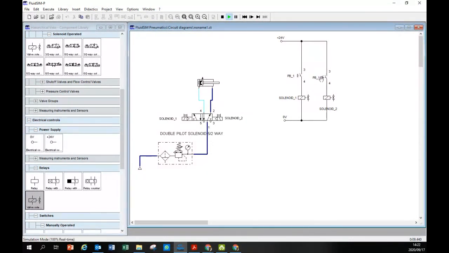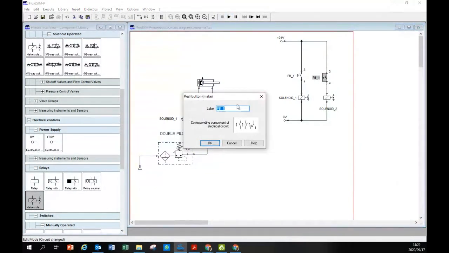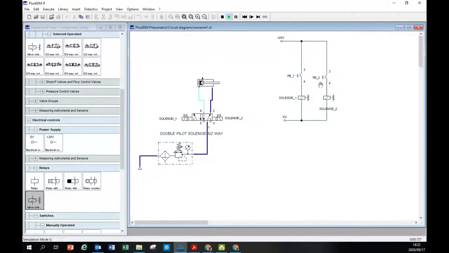What's wrong? Oh, wait. Here. You see? Extended. Push button 2. Retracted. Direct.